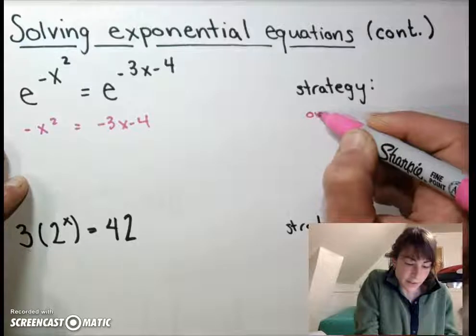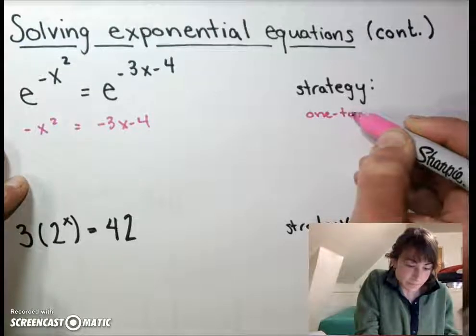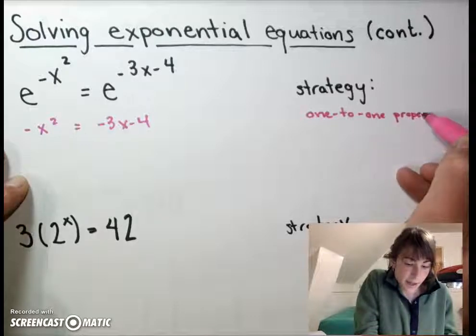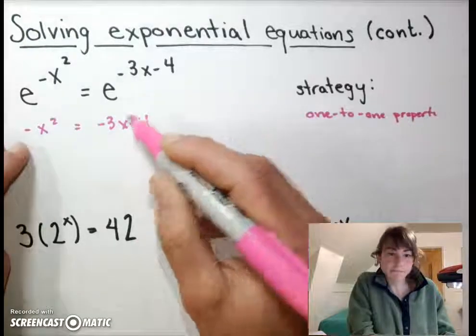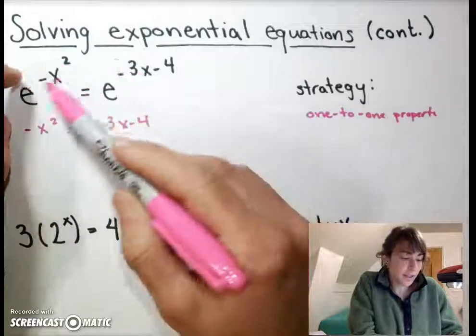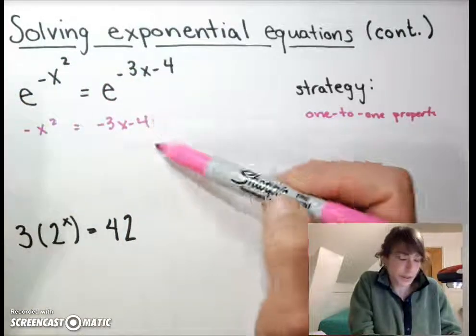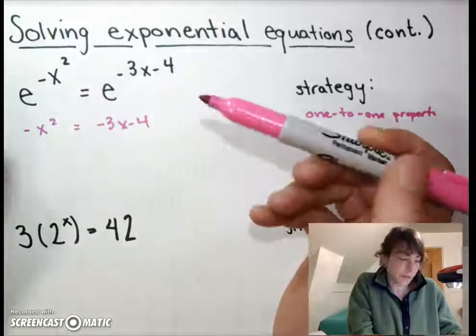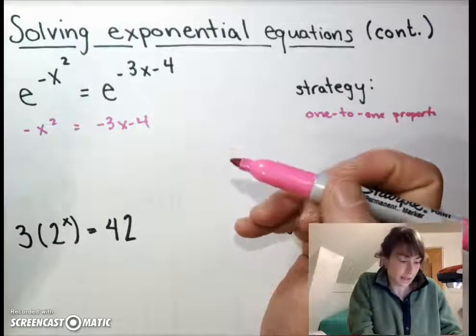So far I've used the one-to-one property. And now it's not an exponential equation anymore. I've gotten the variables to not be in the exponent anymore. That's the main goal in all of these examples.